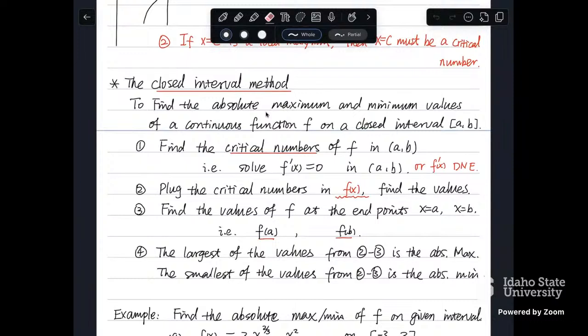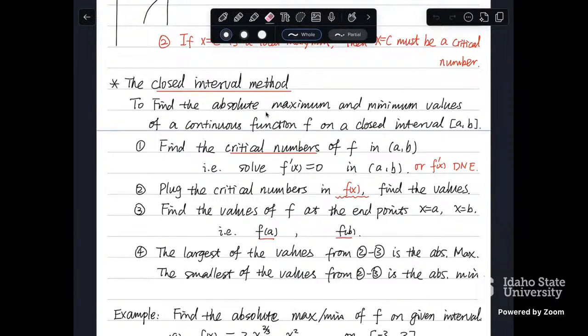That will give you the possible maximum value, minimum value. Those are the function values we are looking for. And then you also need to figure out the function value at the endpoints. Sometimes the maximum or minimum value may happen at the endpoint, right?